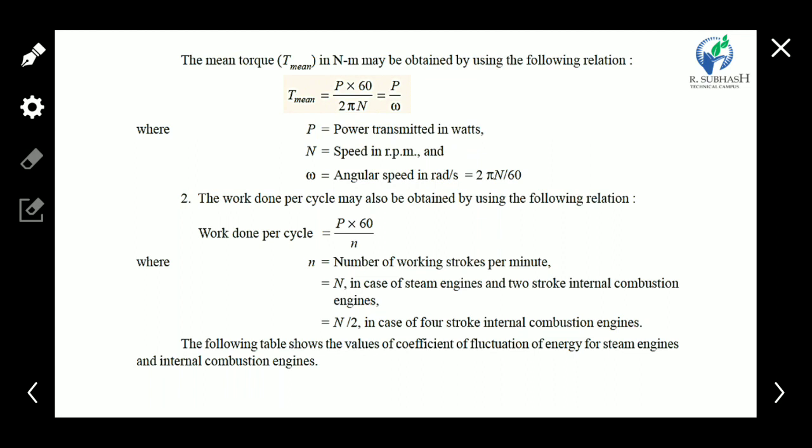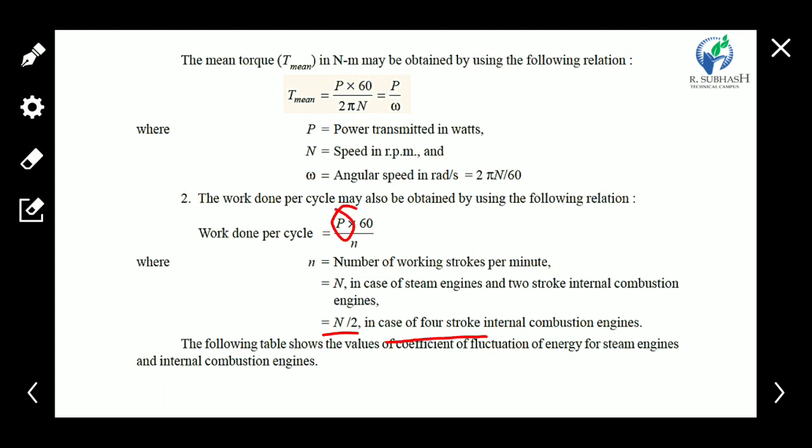Work done per cycle may also be obtained by using the following relation: work done per cycle is equal to P into 60 upon N. N is the number of working strokes per minute, so it is converted into seconds by the 60. N is the speed in case of a steam engine or 2-stroke engine, and N by 2 in a 4-stroke internal combustion engine.